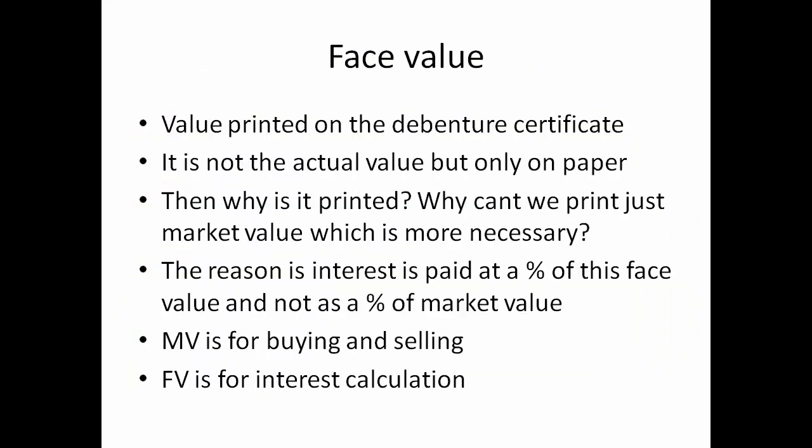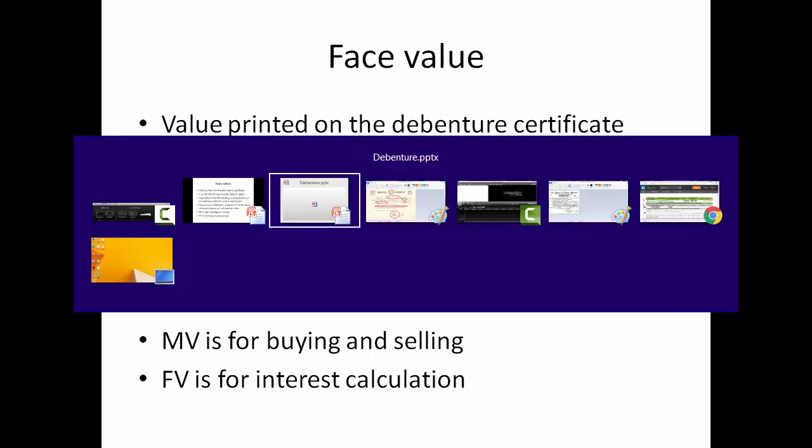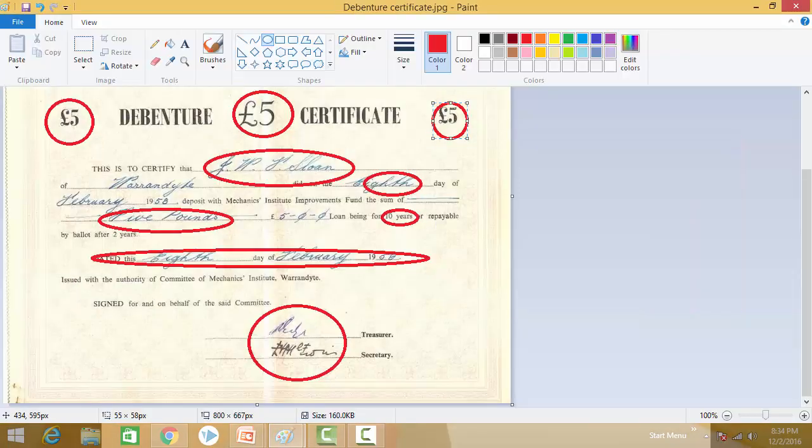Face value is the value printed on the debenture certificate. It is not the value that is filled in. It need not necessarily be the value that is filled in. We'll see that later on.